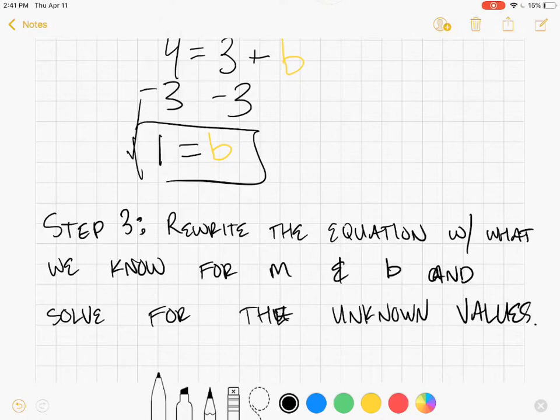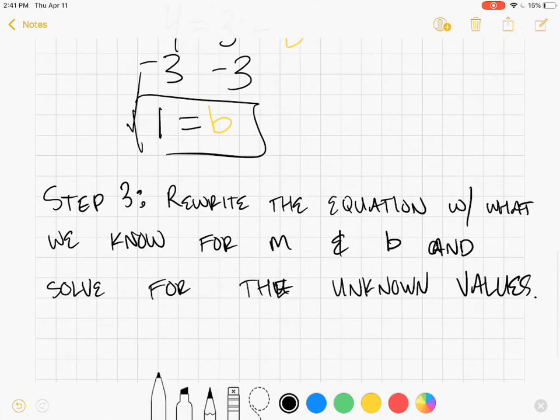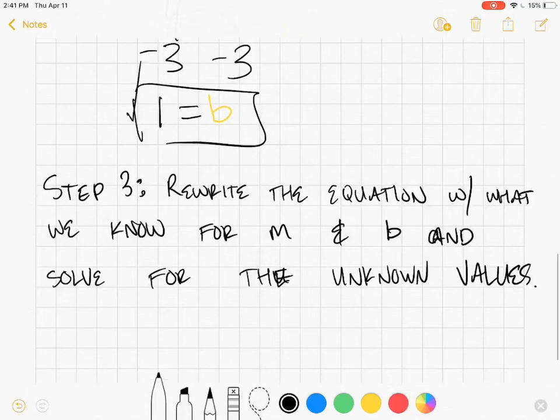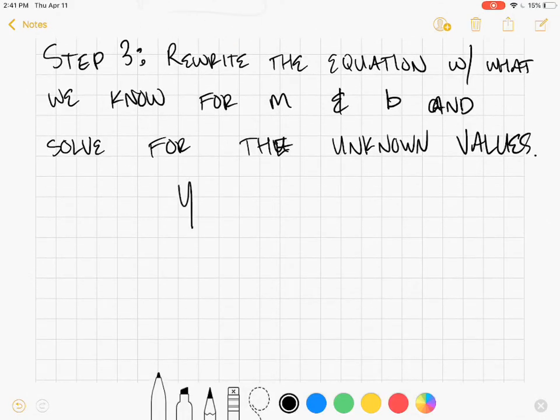So we know y equals m, which is 3, times x plus b, which is 1.